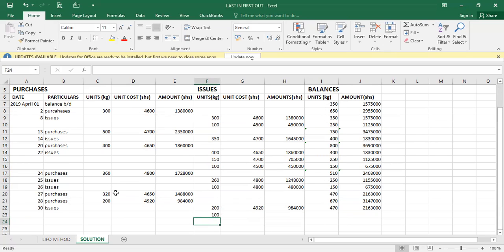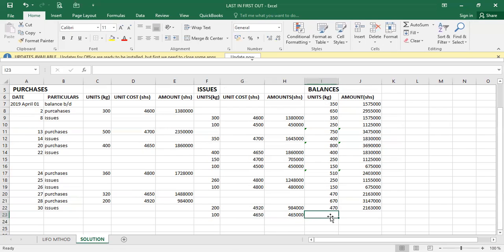Remember here we had not issued anything. It means the only stock we are left to be issued is this stock we purchased on 27th and the opening stock. That is supposed to be issued at 4,650 and it's supposed to be giving us a total value of this times this.